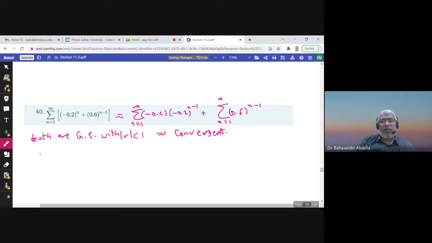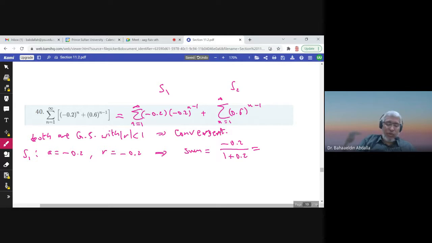Well, for the first series, let me say this is S1 and this is S2. For S1, I have a equals negative 0.2 and r is negative 0.2. So the sum would be a over 1 minus negative 0.2, or plus 0.2. So the sum of the first series would be negative 1 over 6.